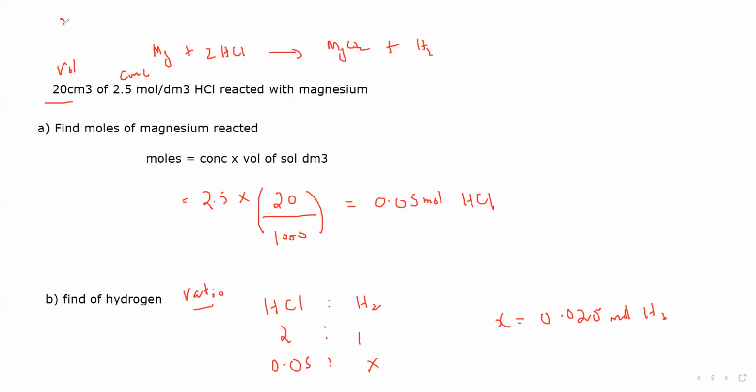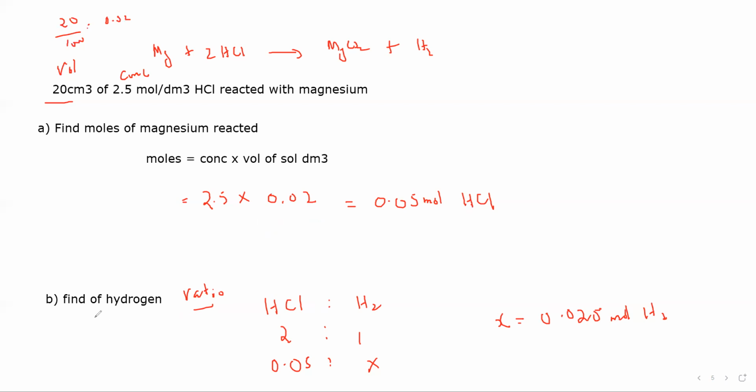So 20 divided by 1000, so it will be 0.02. So here, instead of writing 20 divided by 1000, because that is converting into dm cube, I can write 0.02. And then when we multiply this, we'll get the moles of HCl.